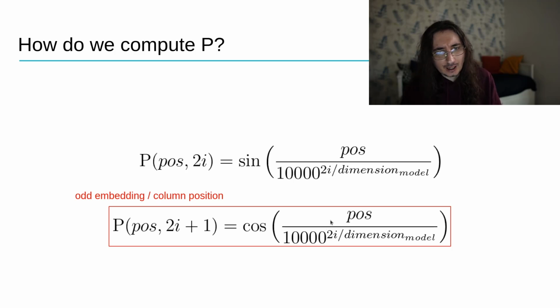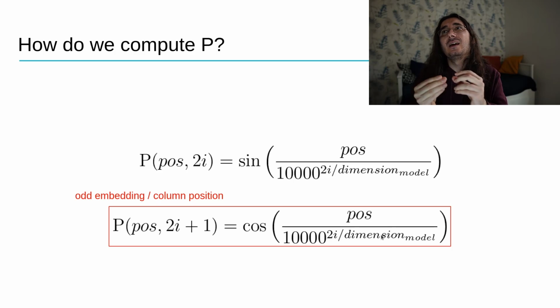Okay, let's analyze one of these. So the only difference is that in the case of even positions we use sine, in the case of odd positions we use cosine. And it works like this. We get the position index, and then we have this 10,000, it could be 1,000, 10,000, whatever you want really, to the power of 2i, i being the embedding position, the column position, divided by the dimension of the model.